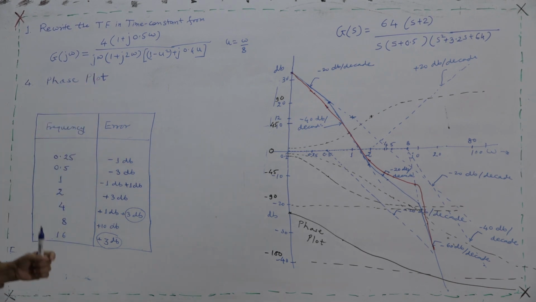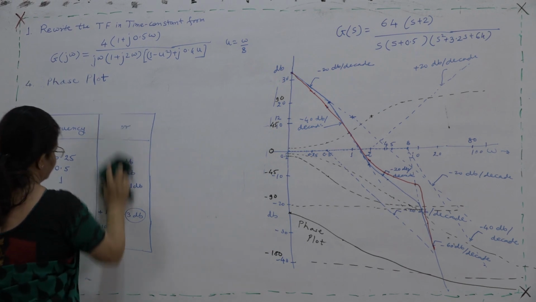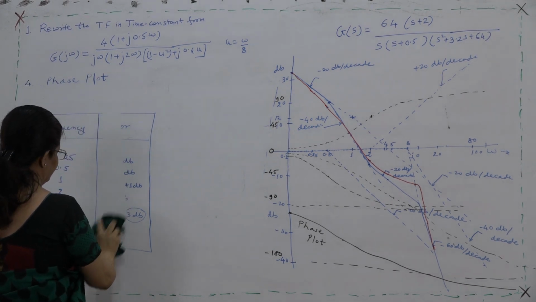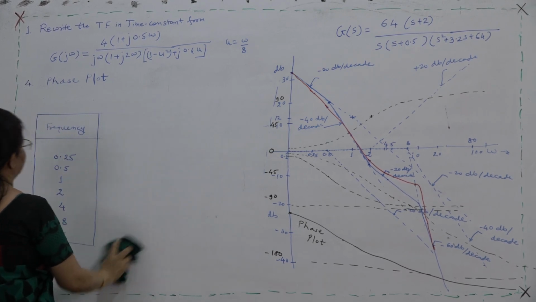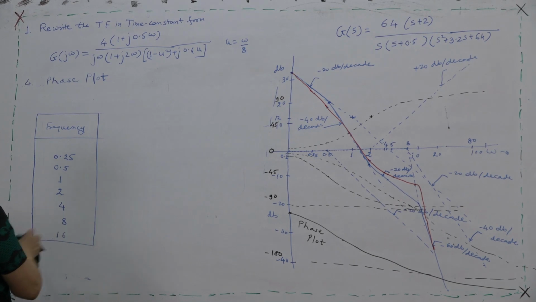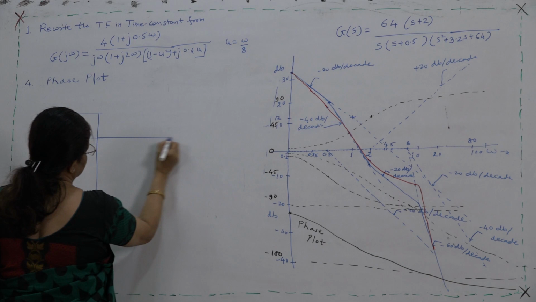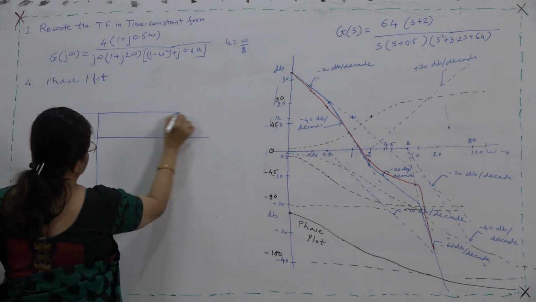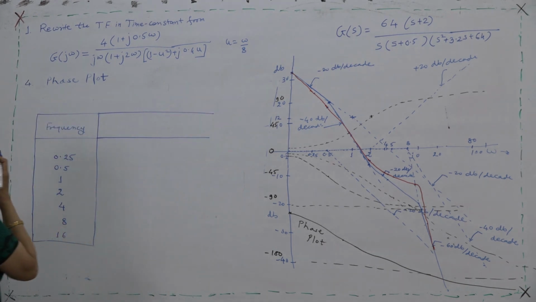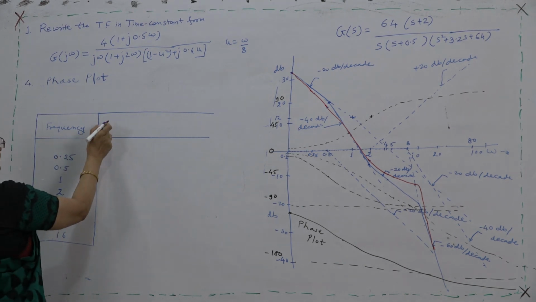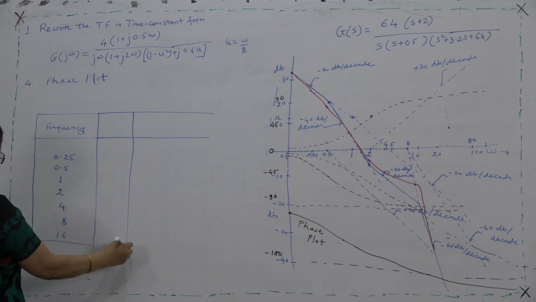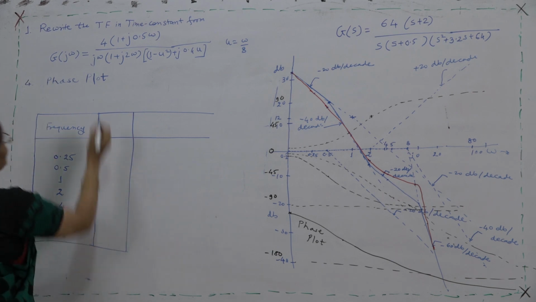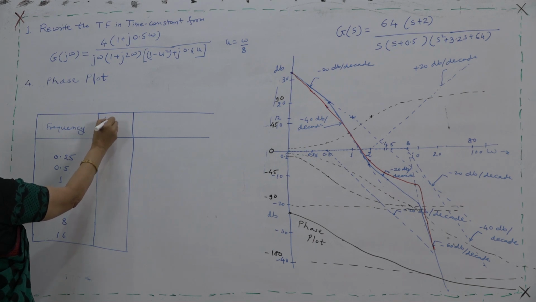What are the terms that you write here? Okay. So, what is your first term? First term is k upon j omega, so here it is 4 upon j omega.